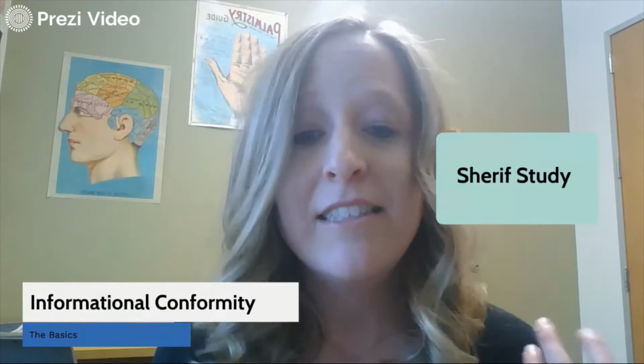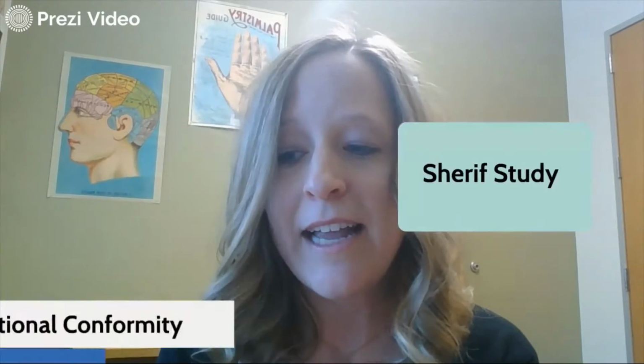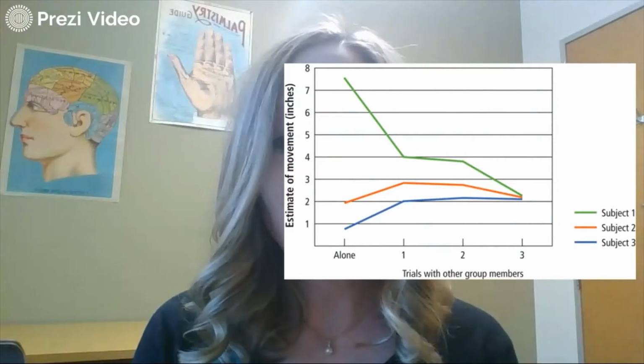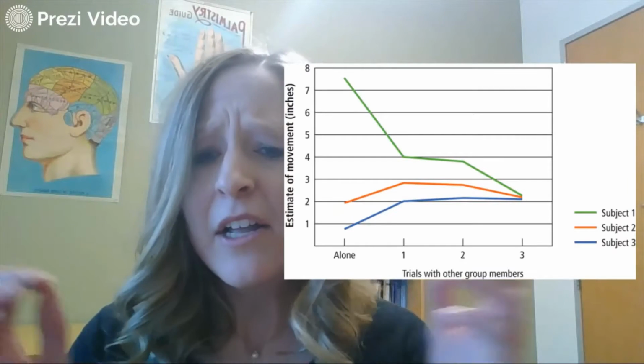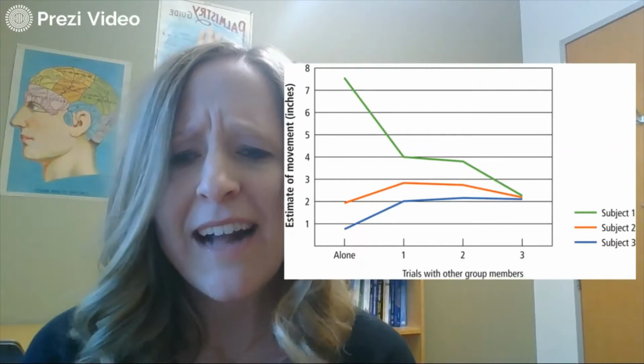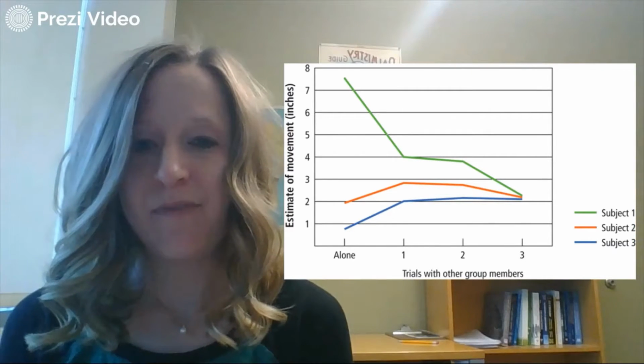We see all of this in the Sharif study. The Sharif study is the kind of classic study that demonstrates informational social conformity. Sharif utilized a perceptual illusion called the autokinetic effect. The autokinetic effect has to do with our visual processing system.